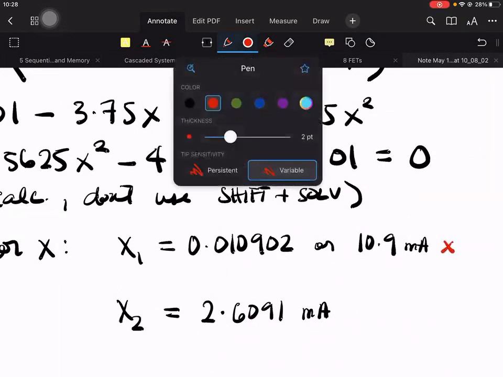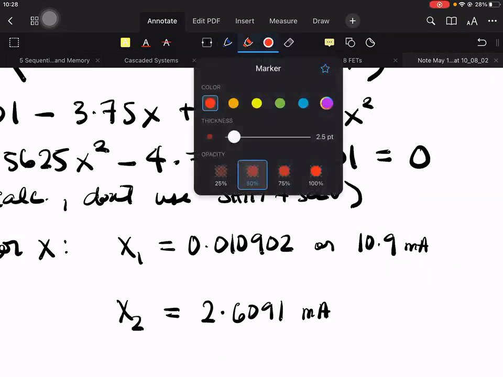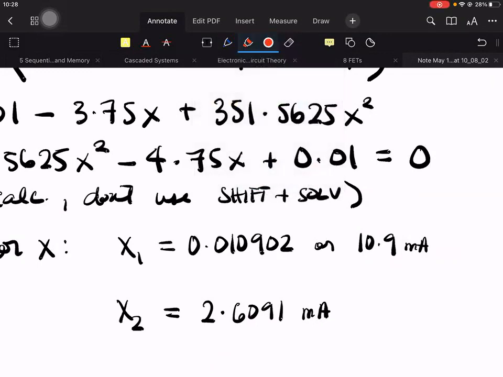Because 10.9 is greater than IDSS already. That's why we're not going to use the 10.9.